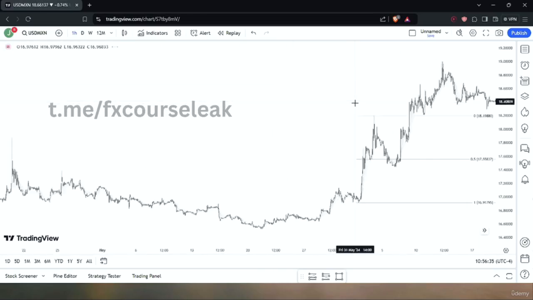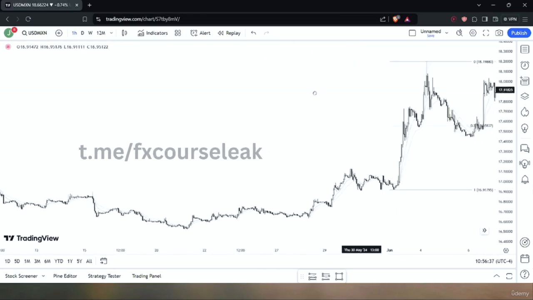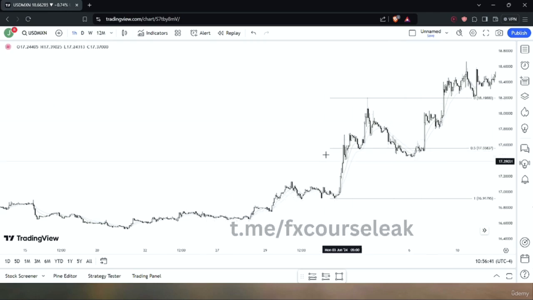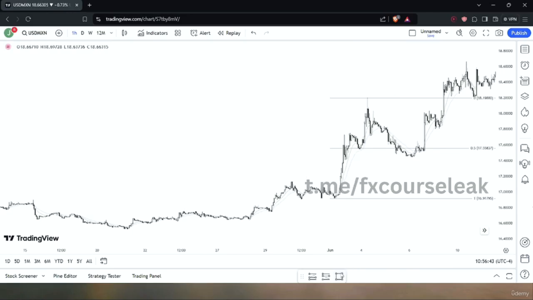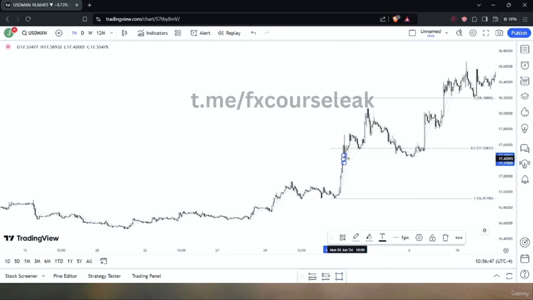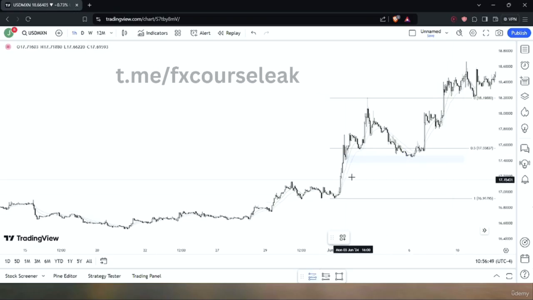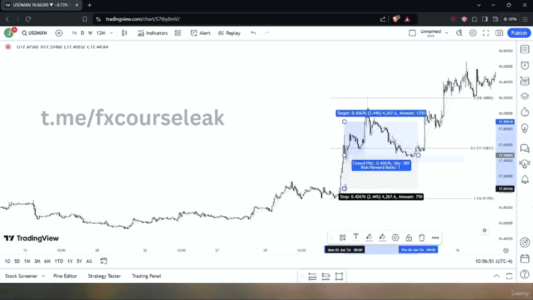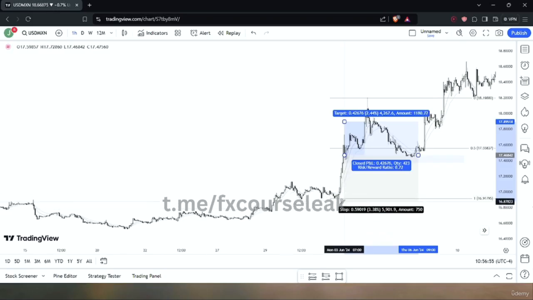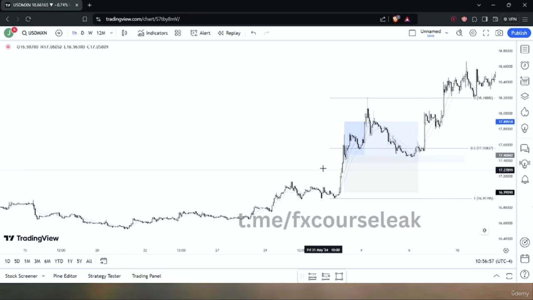You can see that big displacement retraces to the discount. Where do we have an imbalance here? We could start looking for longs in that imbalance right there. Stop could be over here, it doesn't need to be all the way there. Most likely we shouldn't come back here.